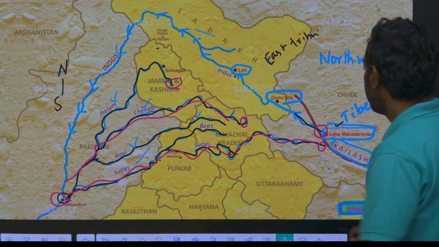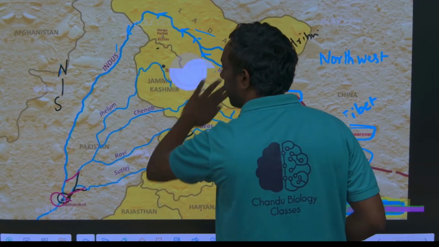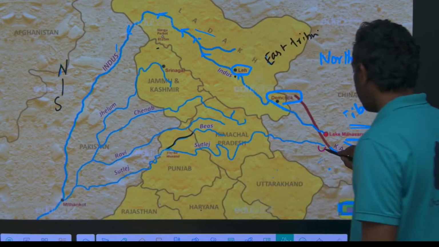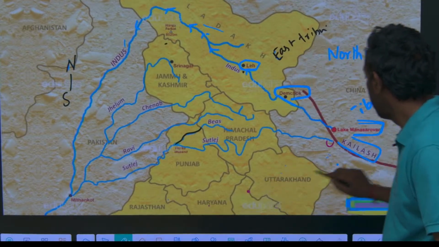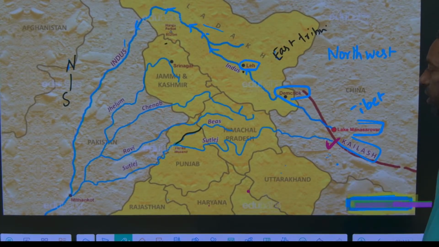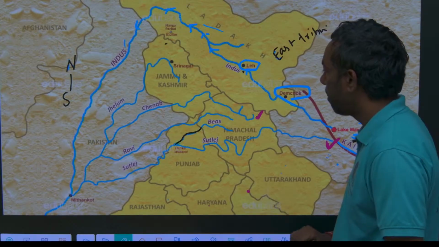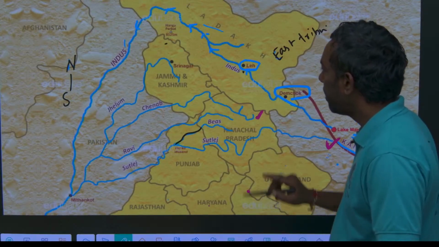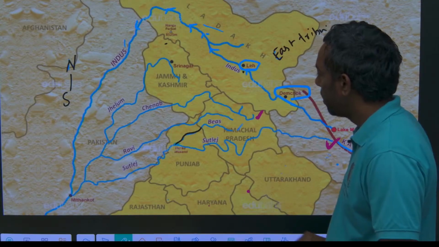Just look here. They did ask east-west, right? Satluj is the most eastward, right? After that, just look here, Beas.